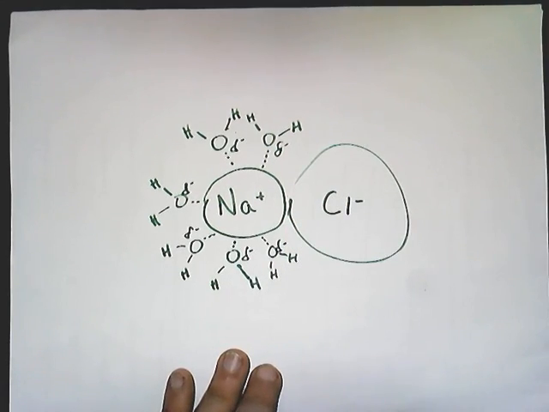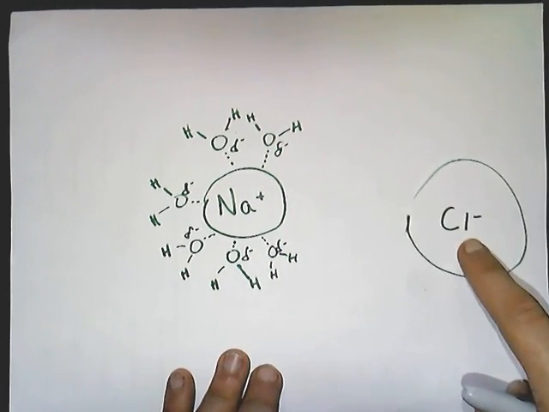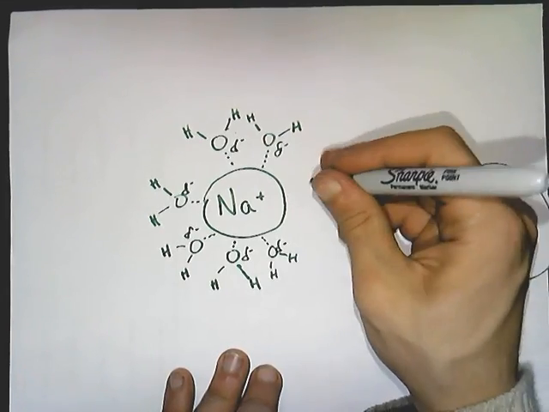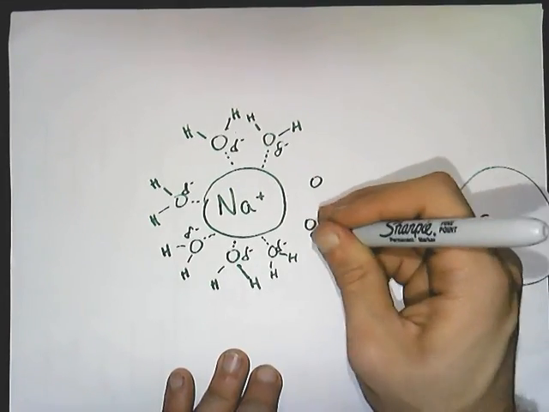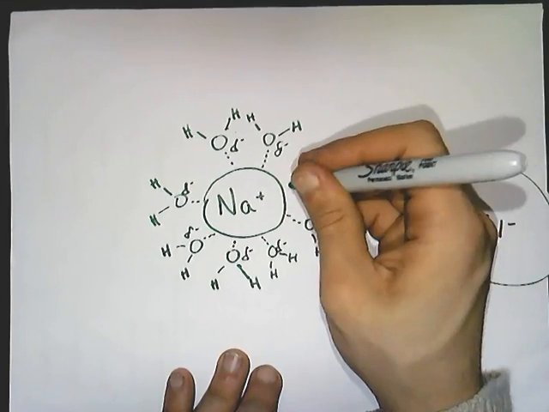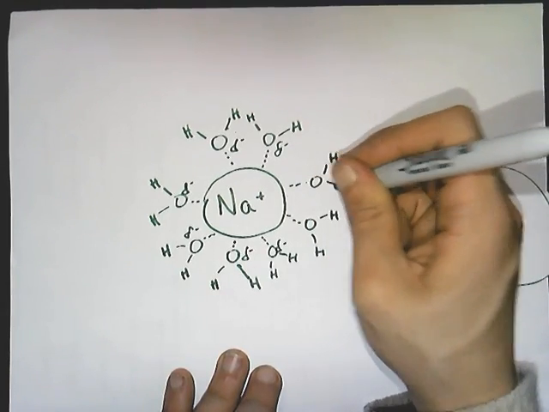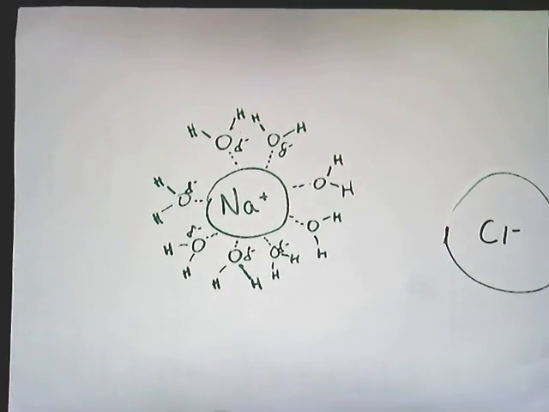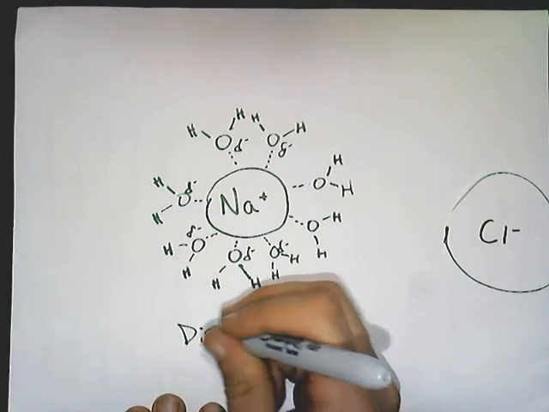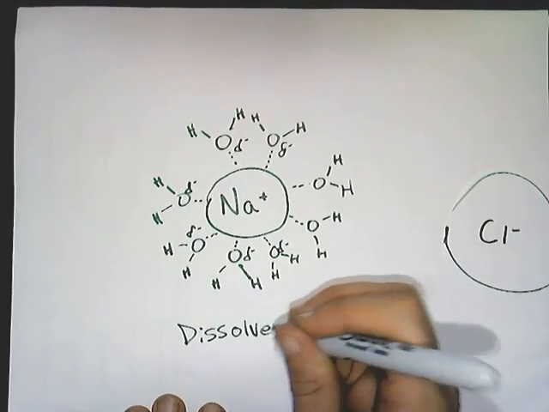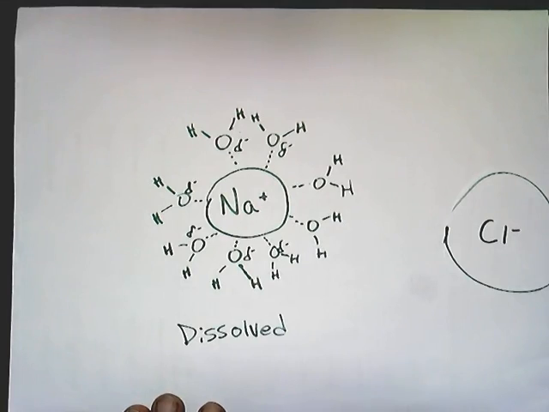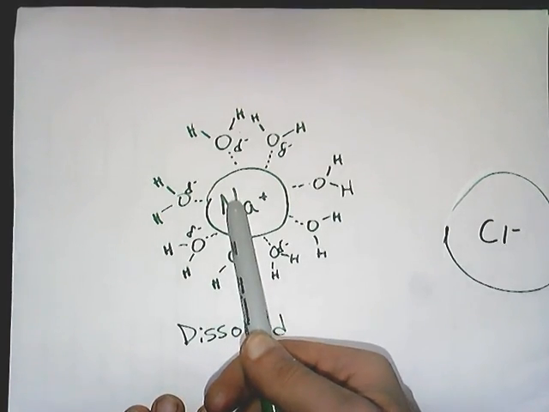Once this chlorine leaves, more water molecules are immediately going to fill in that spot. Now our sodium is completely surrounded by these water molecules. It is totally dissolved. All of the partial negative charges on these waters are helping to support this positive charge.